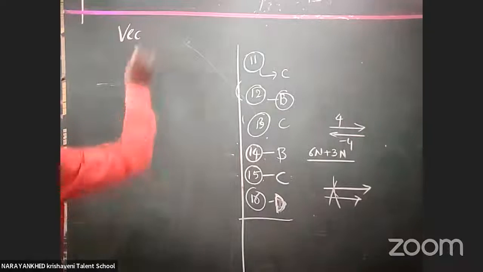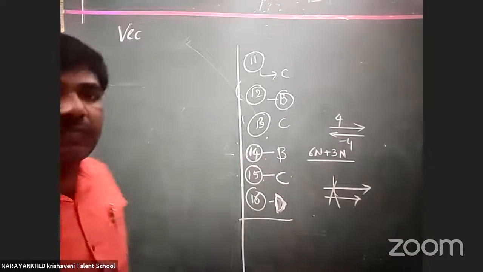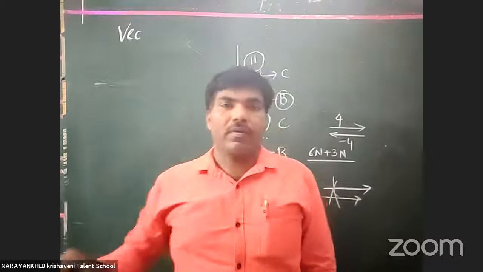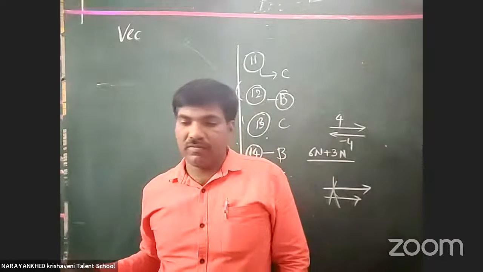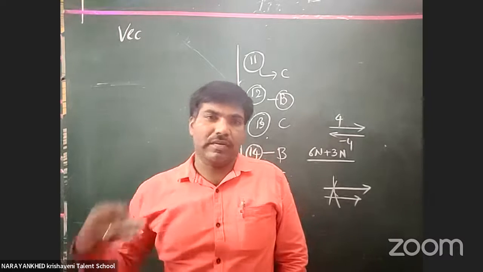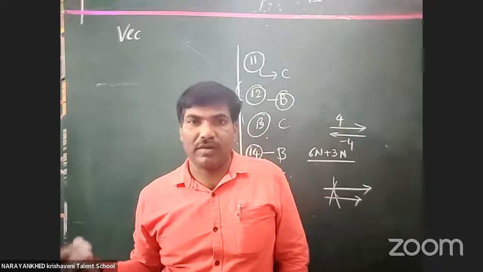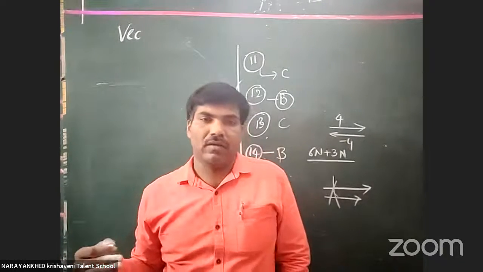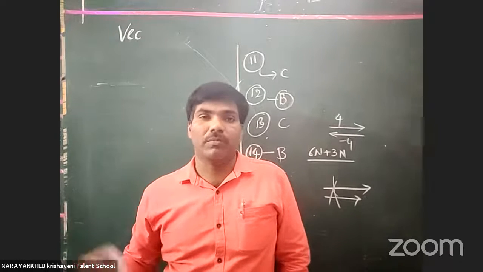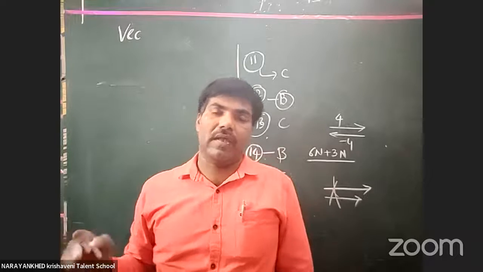Yeah. Next, all the students, this is our vector total components. In this chapter we have already discussed the lesson of vector. First, the introduction of the vector. Which one is the vector? Which one is the scalar? What is the difference between vector and scalar? How to represent the vector and the scalar?